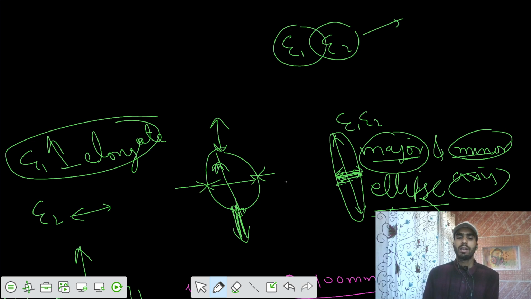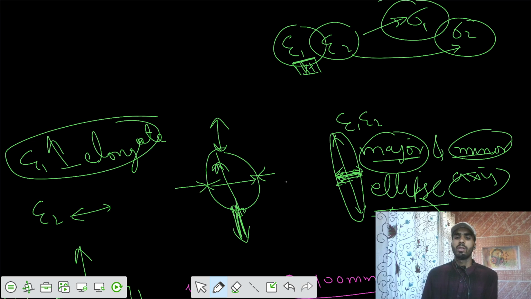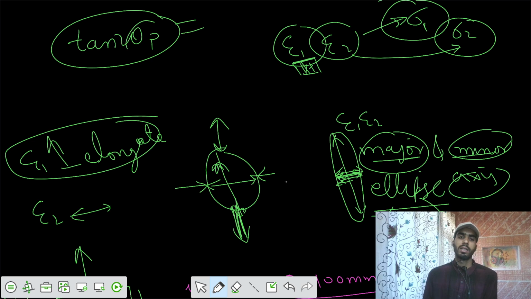But we had the concept that if you want the location of strain in 1, you need to get the location of stress in 1, and get the location of stress in 2 in order to get the location of strain in 2. We know tan 2 theta p, and from that we can get theta.